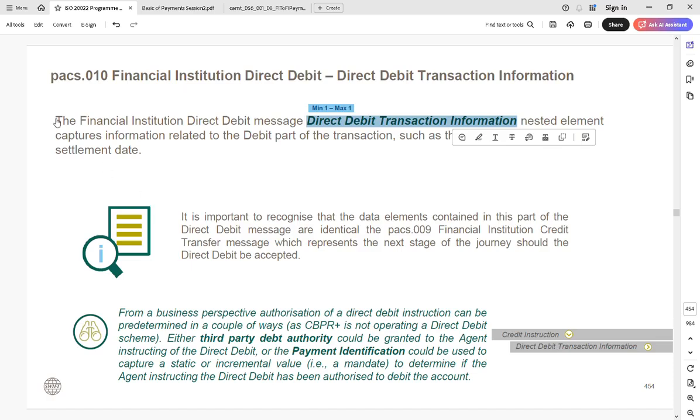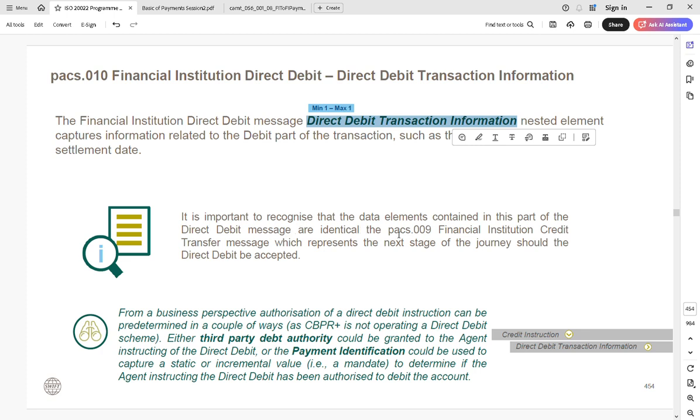If you see here, direct debit transaction information. Now we'll see one by one what information is contained. Only this field has changed; otherwise all fields are the same here.